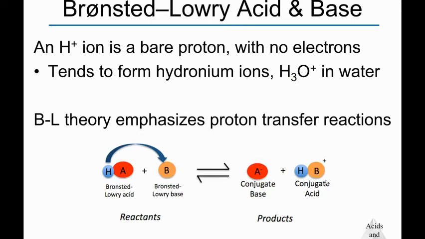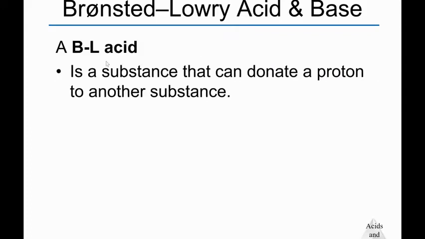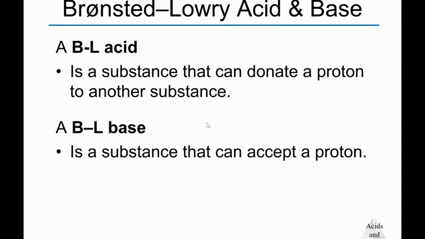And we'll talk about what a conjugate acid-base pair is here in a little bit. So a Bronsted-Lowry acid is a substance that donates a proton to another substance in an acid-base reaction. A Bronsted-Lowry base is the substance that can accept a proton in an acid-base reaction. Seems pretty simple. We have a proton donor, we have a proton acceptor.